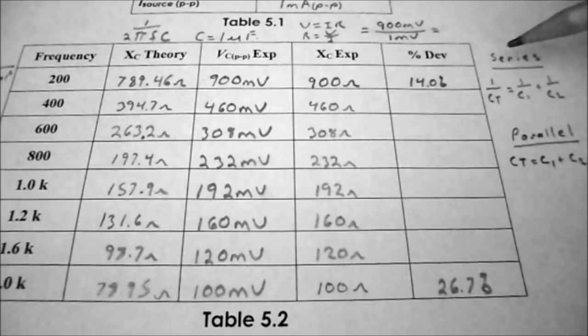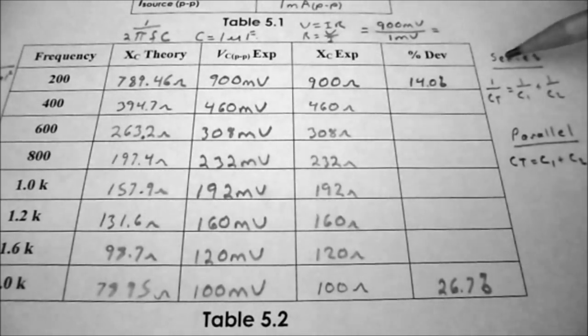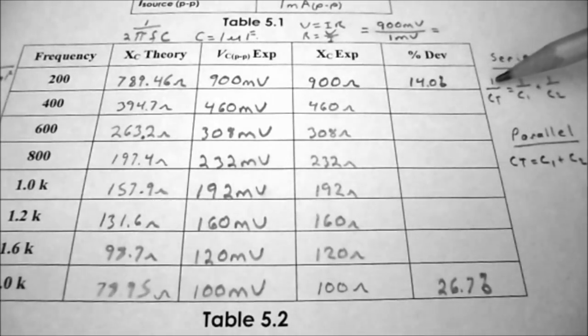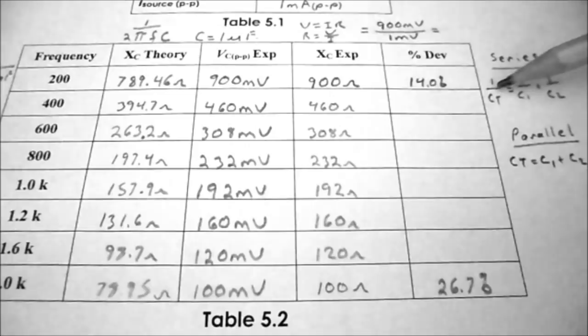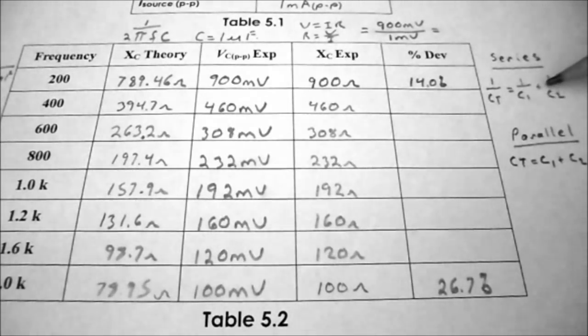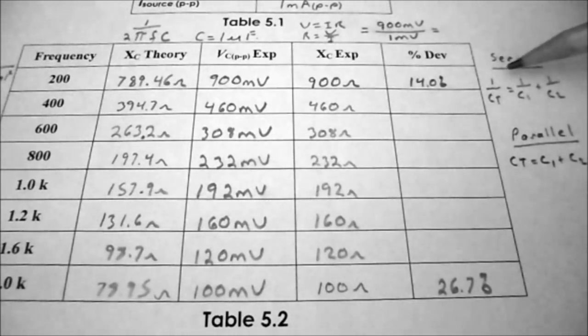Now you have to remember that in a series circuit, when we add a little bit of capacitance, the formula is 1 over Ct is equal to 1 over C1 plus 1 over C2. So just like resistors in parallel, capacitors in series decrease the amount of capacitance.